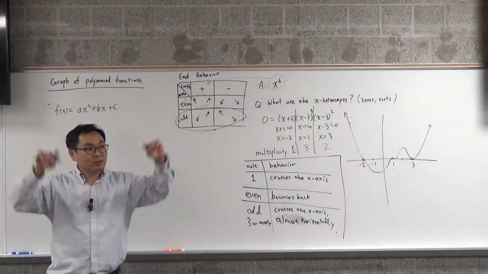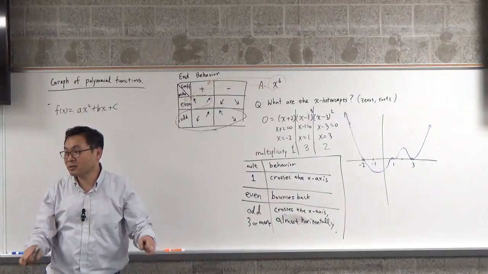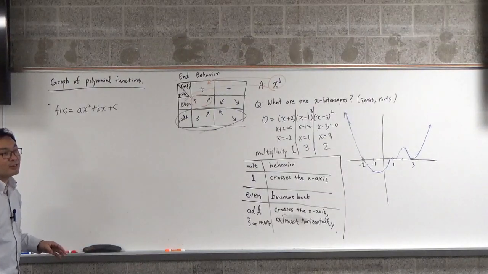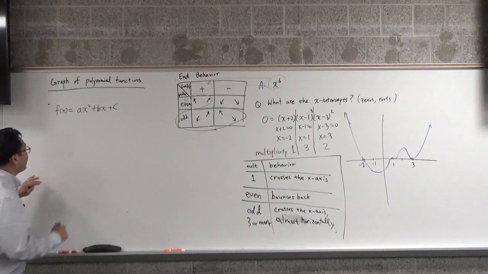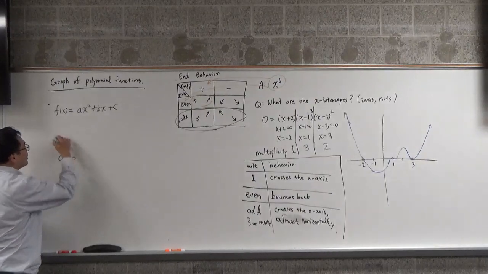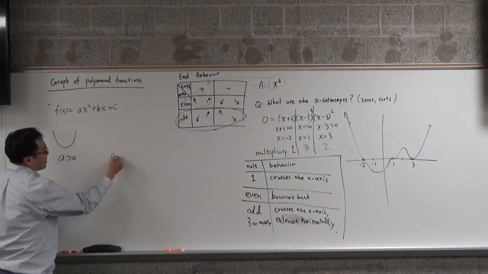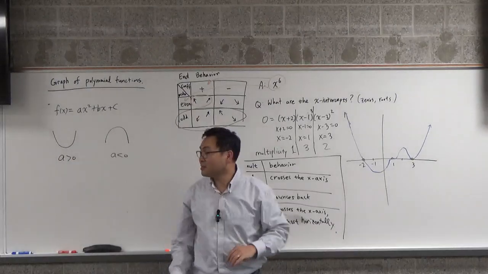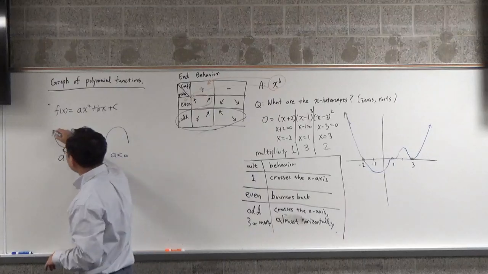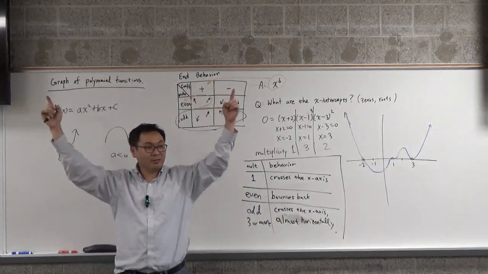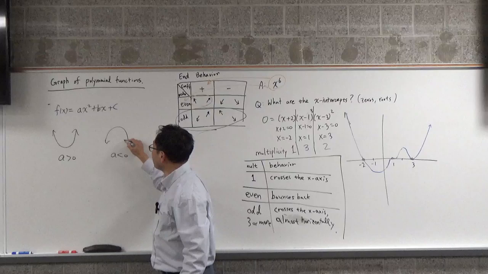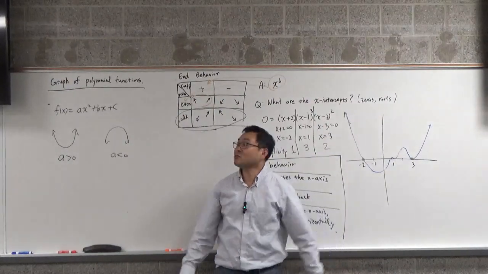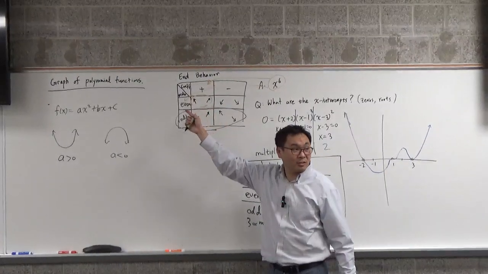It's either this or that. It's a parabola, right? It's either opening up or down. Which one dictates that? Yeah, A. If A is positive, then it opens up. If A is negative, it's an upside down parabola. Again, you can see that the end behavior here is that, and the end behavior here is this. This and this. That's true for the even case.